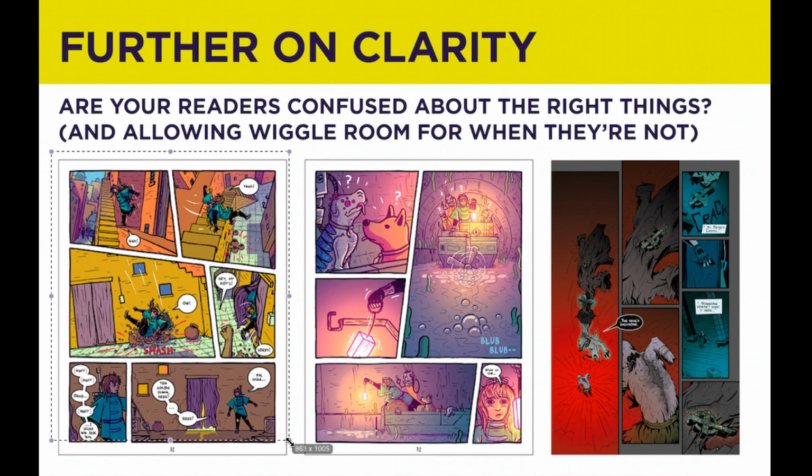And lastly, I want to talk about this page on the left here, because this is a sequence where clarity was a priority in planning this out. This is the chase sequence where the character is running through this alley and down these different streets, and moving from panel to panel, I wanted to make it as clear as I could where we are moving through this space. So this first panel shows her at the edge of this alley, and there's this very vertical staircase in this yellow color that you can see behind her, with the rest of the brick being orange behind her.